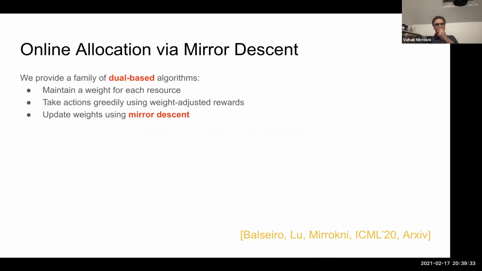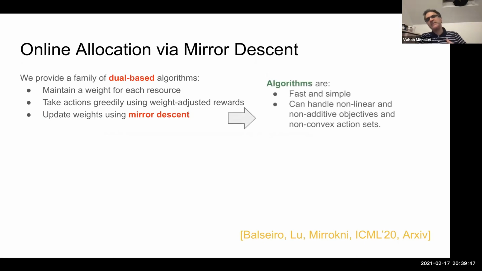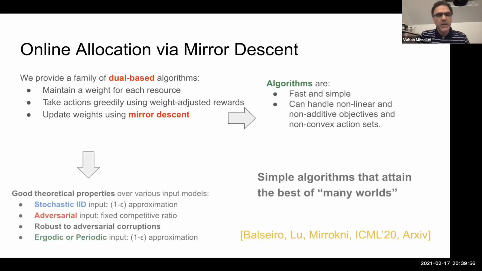In this recent work with Sean Liu and Santiago Balcero, we have a framework of dual-based mirror descent type algorithms that are very fast, very general. They can handle different types of objectives, even non-convex objectives.